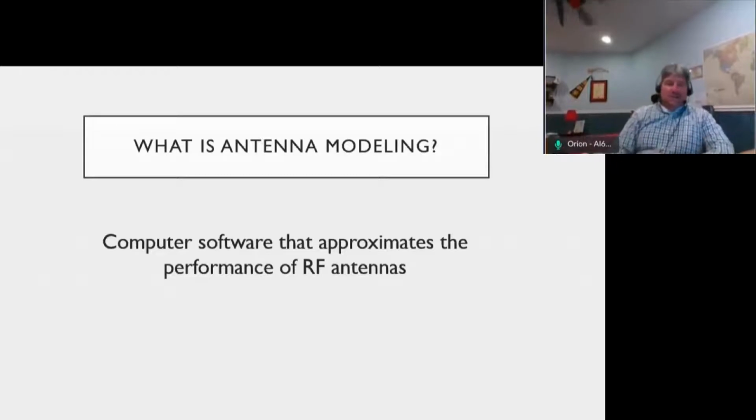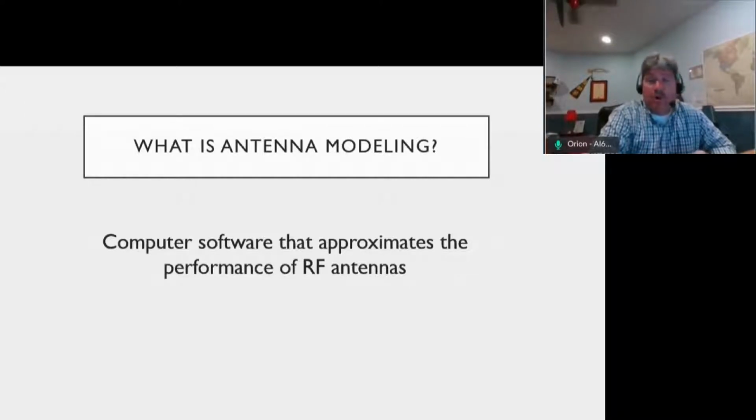Well, in a nutshell, antenna modeling is simply a computer software program that approximates the performance of the RF antenna. I say approximates because it's not going to be accurate. Things such as the soil conductivity underneath your antenna will have a lot to do with it.